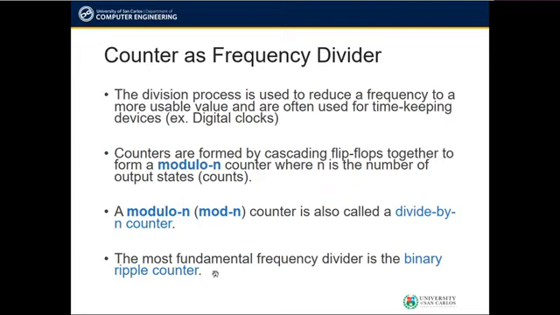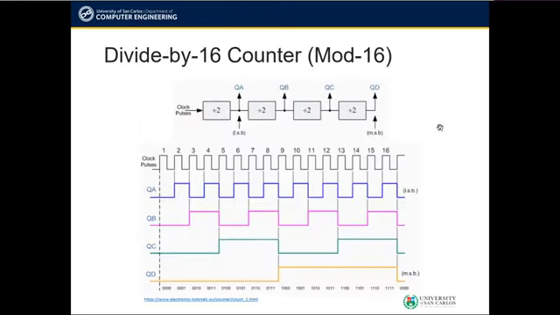The most fundamental frequency divider is the binary ripple counter. Here we have an example of a modulo 16 counter. It is simply made up of 4 flip-flops given by this, and this.